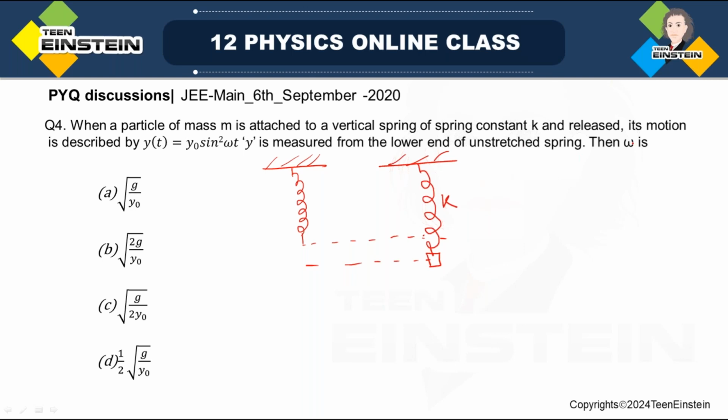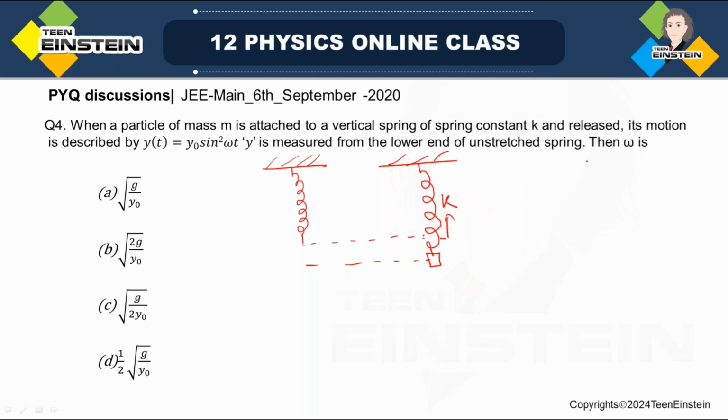Its motion will not stop actually. After stretching, there will be a restoring force. When it goes to the other side, there will be pulling and pushing force by the spring, so there will be an oscillation.